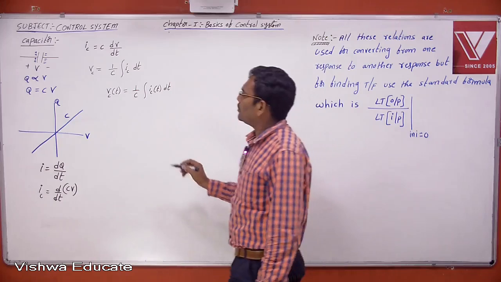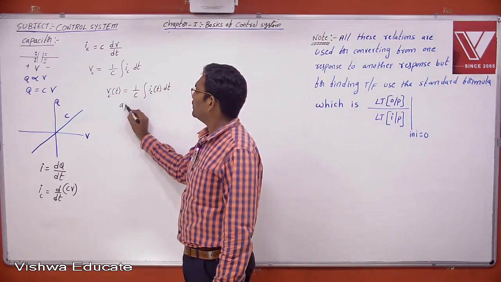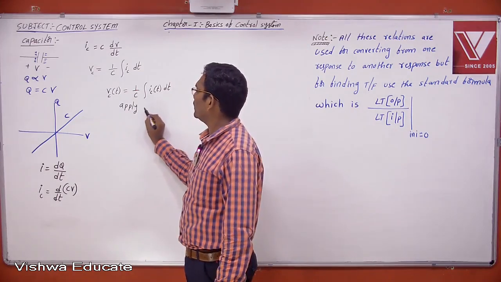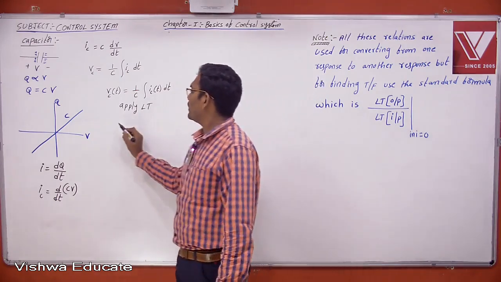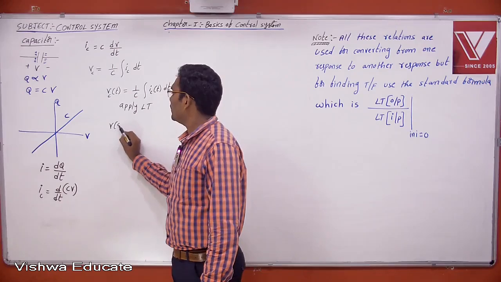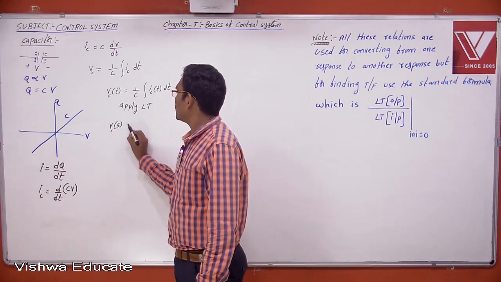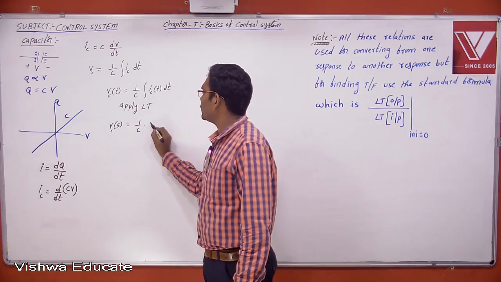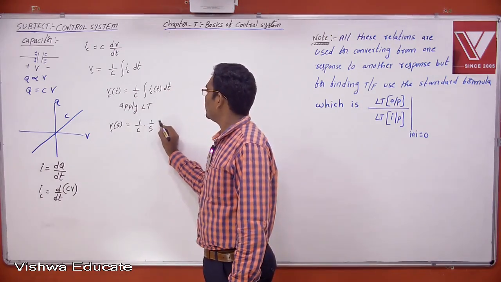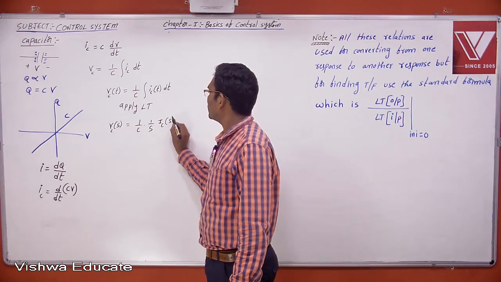Then if I want to see its behavior in the s domain, I apply the Laplace transformation. The Laplace transformation of V of t is V of s, which equals 1 by C into the Laplace transformation of the integration, 1 by s into I of s.